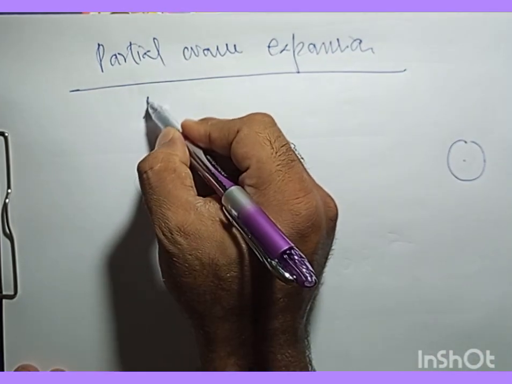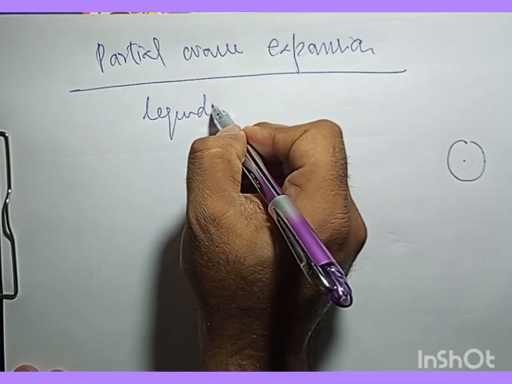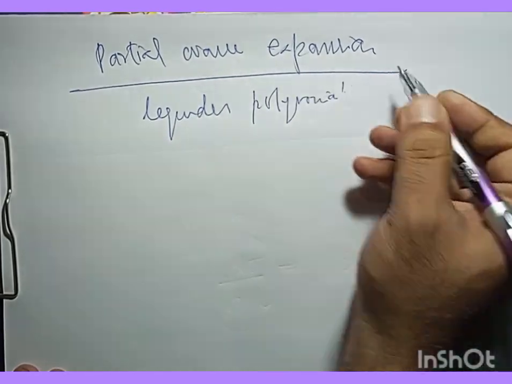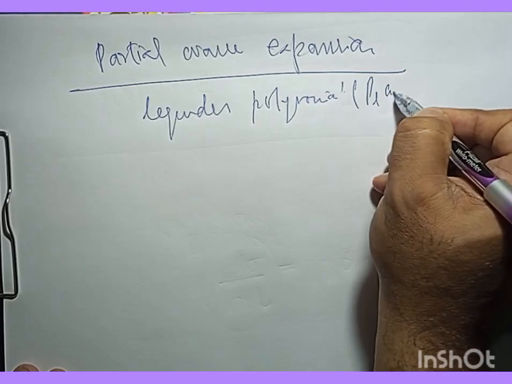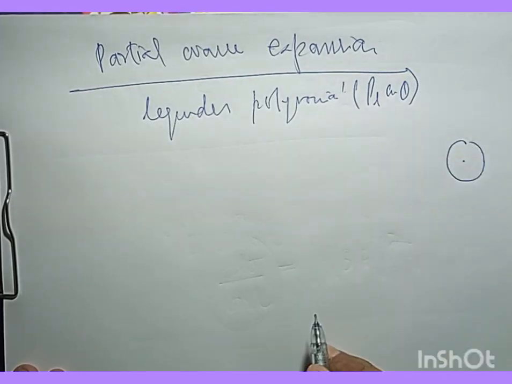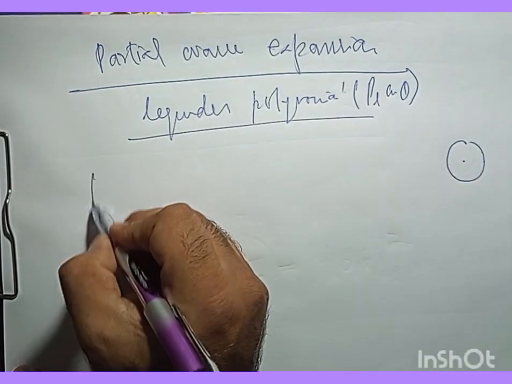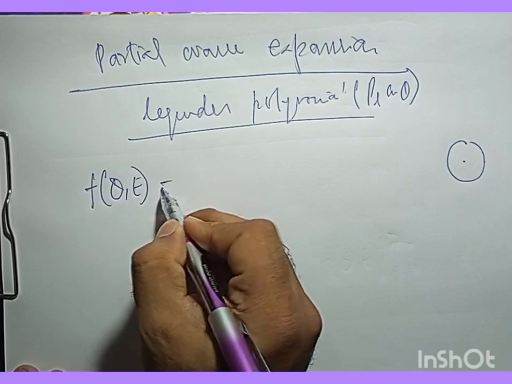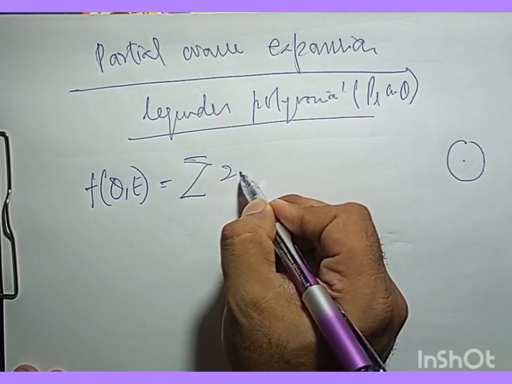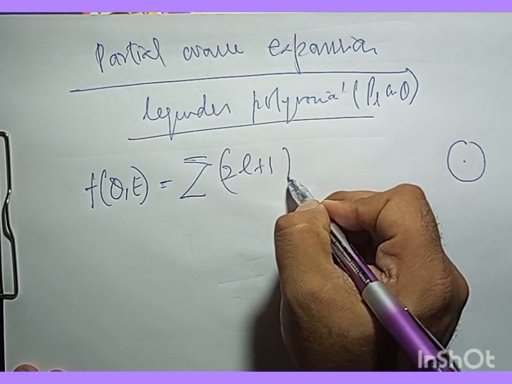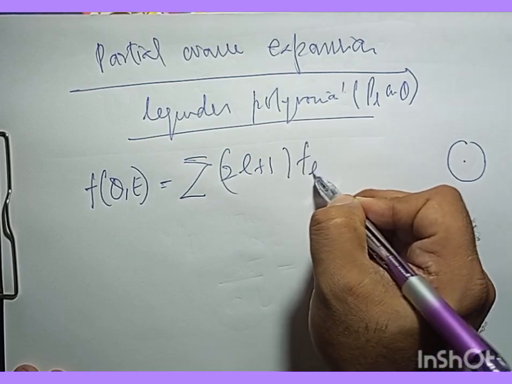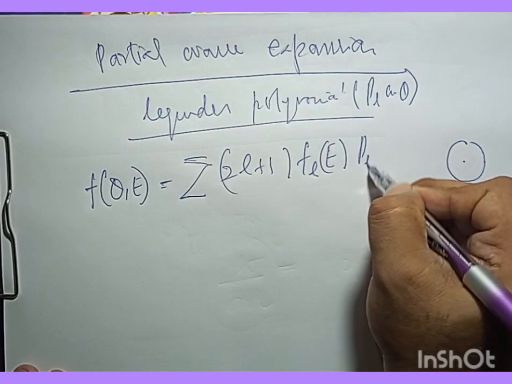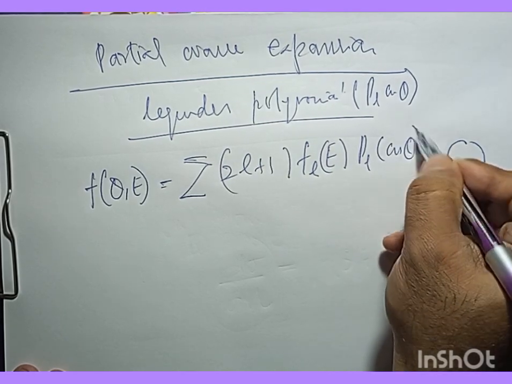expanded in Legendre polynomials, as all of you know, P_L(cos theta). So what we calculate is the amplitude of scattering f(theta, E) equals sum over L of (2L plus 1) f_L(E) P_L(cos theta).